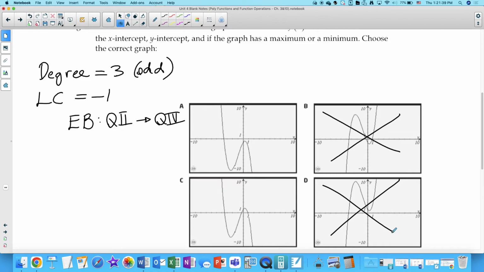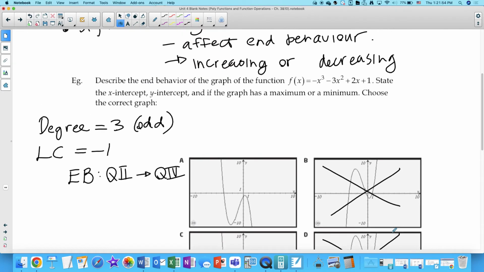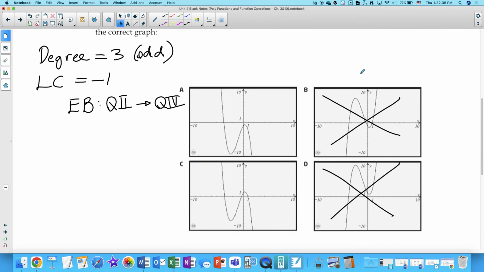Now the last piece, and I haven't talked about this yet much, but the last piece that we can use to connect an equation to a graph in a polynomial function is the constant. Where do you think the constant might show up on the graph? Yeah, it's the y-intercept, because the constant in a polynomial function is the value of the function when x equals 0. So the constant is the y-intercept.